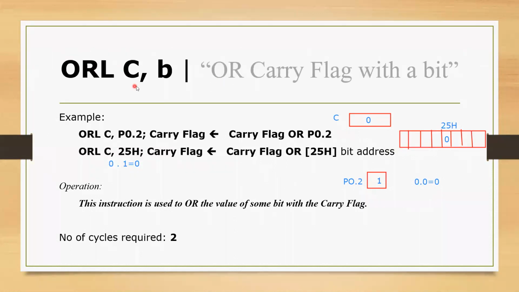Next is the OR operation, ORing the carry flag with a bit. For example, ORL C, P0.2. Here the carry flag will get the result, carry flag OR P0.2.